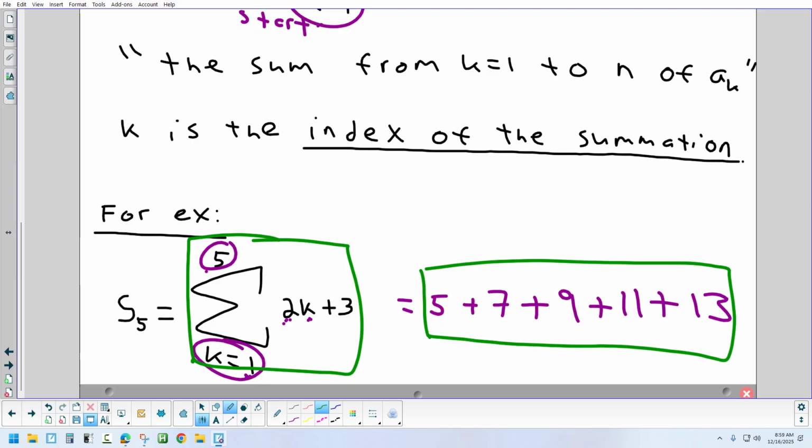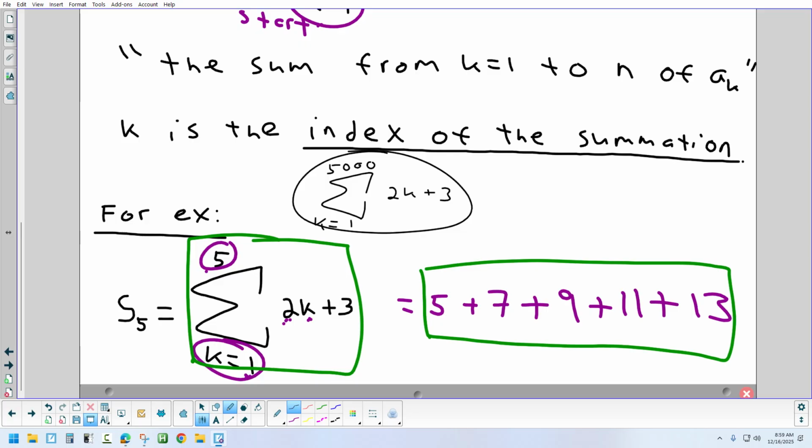Now, if I wanted to represent adding up the first 5,000 numbers in this pattern, I could write down what I want to do by going like this. That's it. That represents adding up the first 5,000 numbers in the pattern.